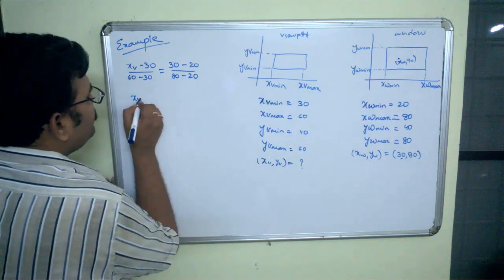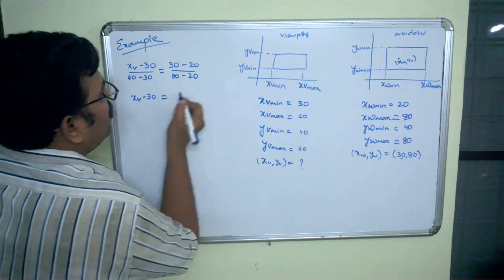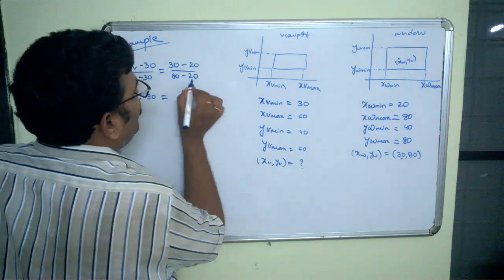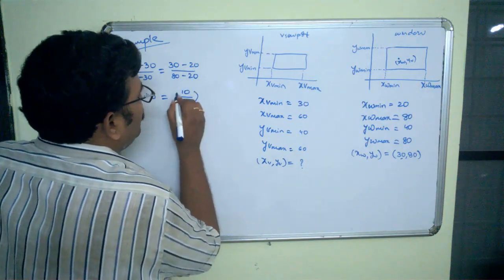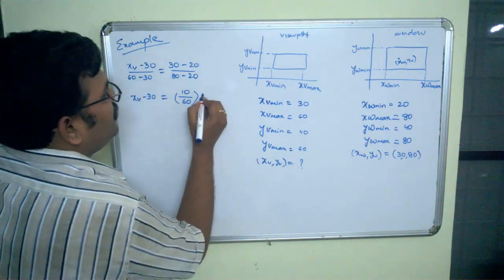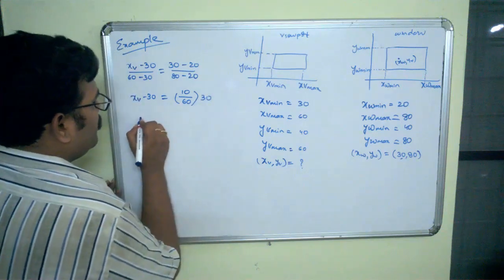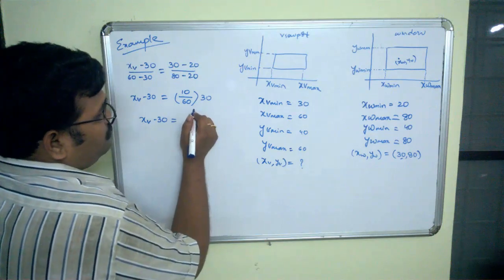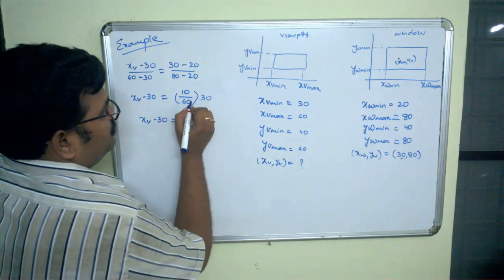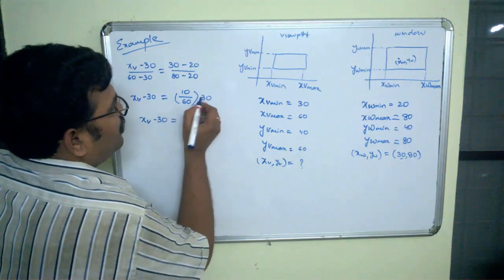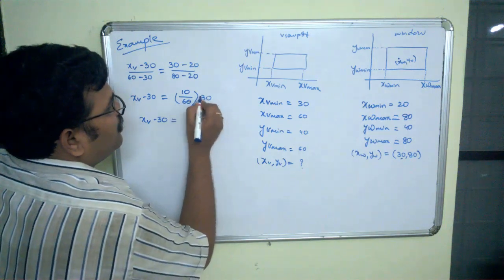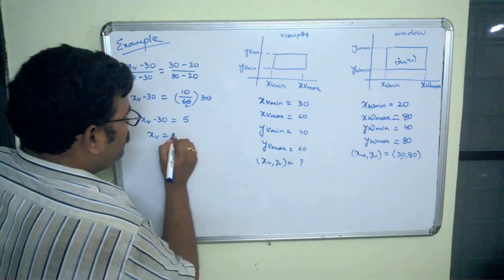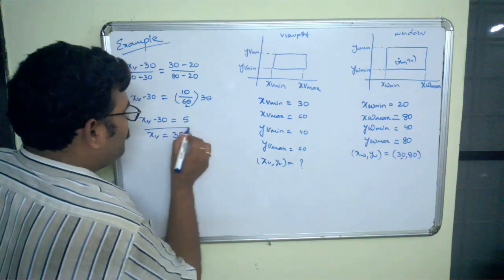So XV minus 30 is equal to 10 by 60, into 30, which is 5. So XV is equal to 35.